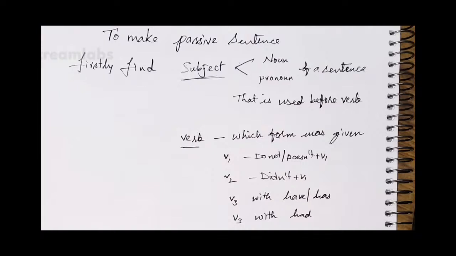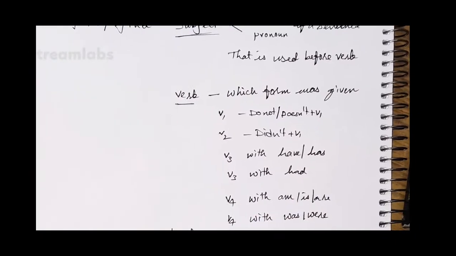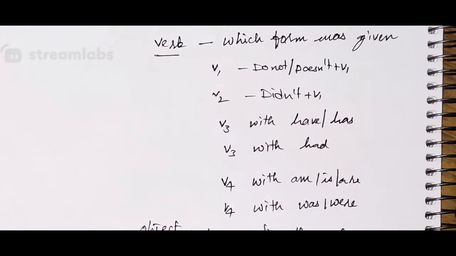Right, to make a passive sentence, firstly, the first duty is we have to find the subject of the sentence. The subject is the noun or pronoun of a sentence that is used before the verb. And next, we have to find the verb. Which form was given in the sentence?